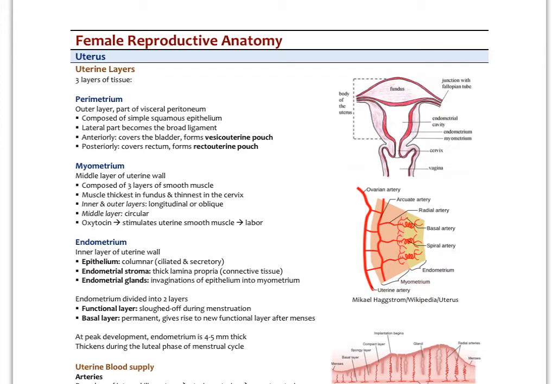So this is going to assist in uterine contraction, for example, during the period, to expel the endometrial lining, which we'll look at shortly, or during pregnancy and delivery, to expel the fetus. So that's the middle circular layer, and one of the main factors which regulates muscle contraction is oxytocin. Oxytocin from the posterior pituitary is going to stimulate uterine smooth muscle contraction, and that's going to be important in labor.